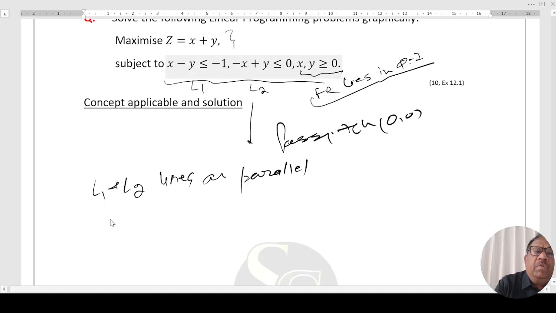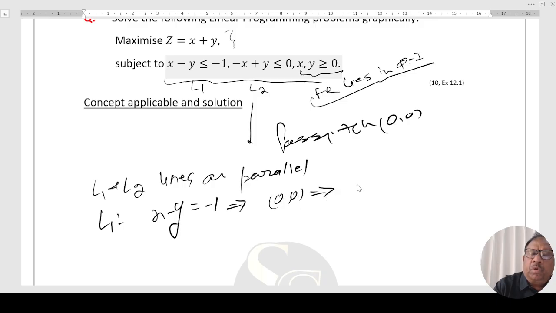Now one line L1: x minus y equal to -1. We put (0, 0): 0 minus 0 less than or equal to -1, that is 0 less than -1, false.